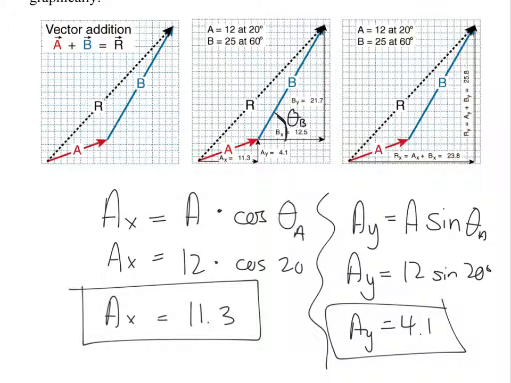The angle between the vector and the horizontal is always the angle. This is no longer the horizontal. For vector A, the bottom of my graph was the horizontal, so the angle for vector A is right here. That's an angle of 20 degrees. This is a much greater angle right here. It's 60 degrees.